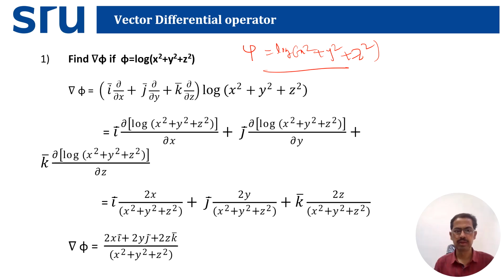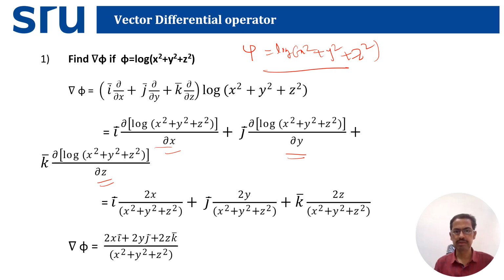Now del phi is i bar ∂/∂x, j bar ∂/∂y, k bar ∂/∂z acting on the log, with partial differentiation with respect to x, with respect to y, and with respect to z, right?